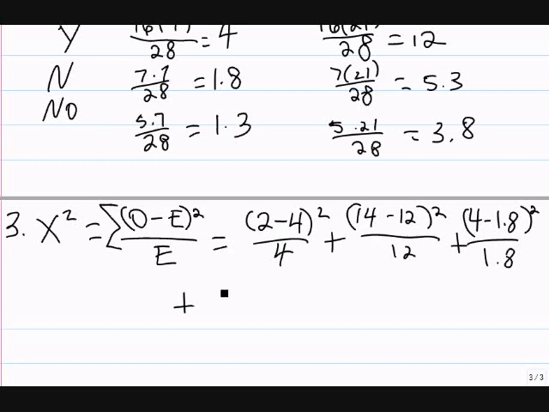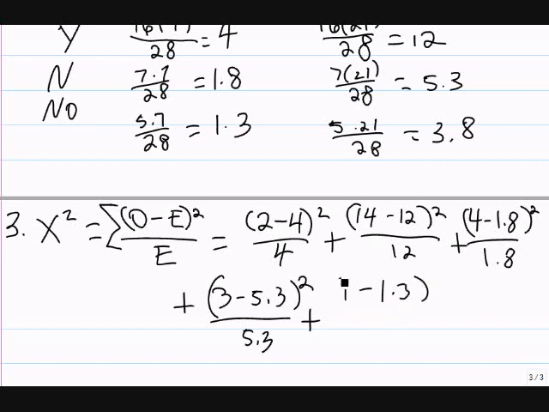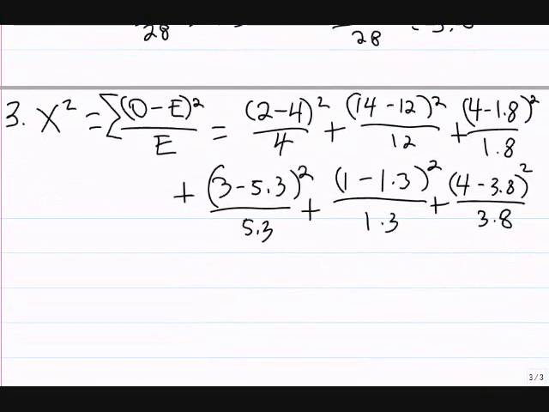plus 3 minus 5.3 squared divided by 5.3 plus 1 minus 1.3 squared divided by 1.3 plus 4 minus 3.8 squared divided by 3.8. And I have no problem waiting for this calculation to come out of a few calculators, see if we can get the chi-square calculated correctly.